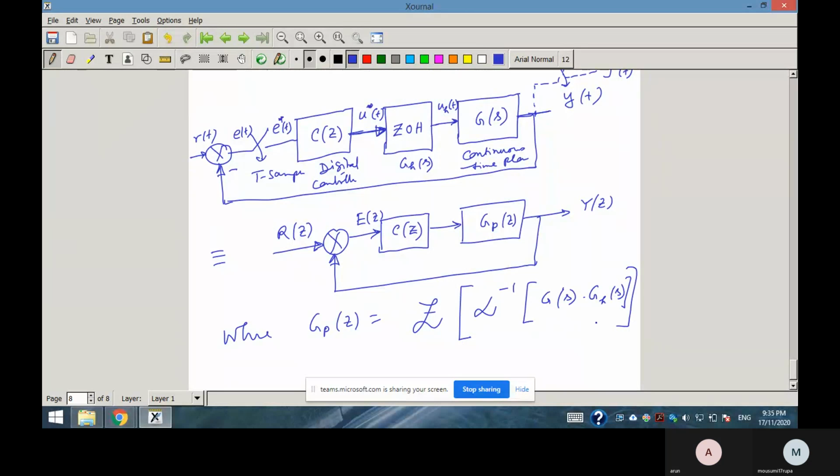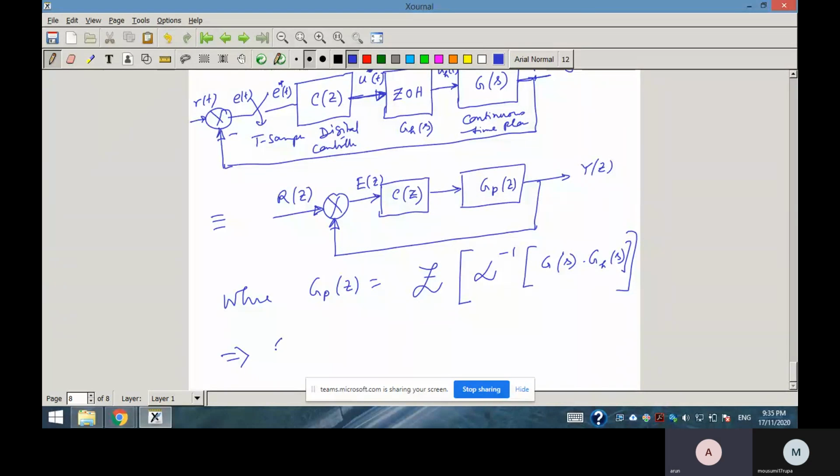Because G(s) and GH(s) are in the Laplace domain, you have to take the Laplace inverse to obtain the continuous time representation. Then for that signal, you have to take the Z transformation. Then only you will get the relation between Y(z) and U(z).